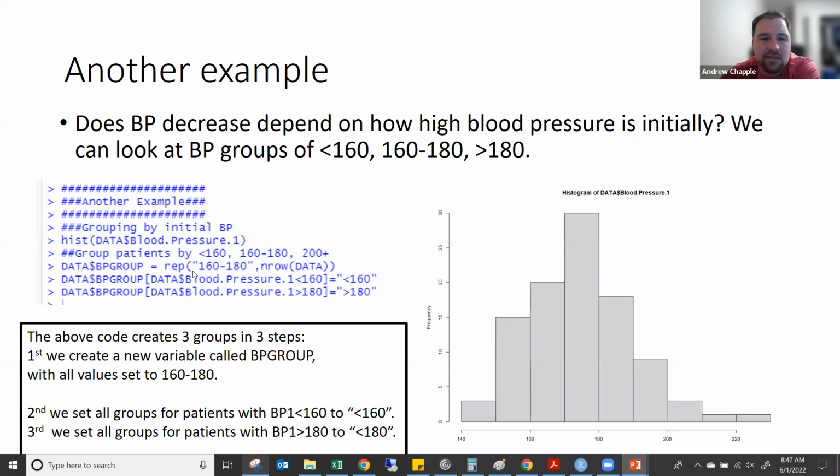So I'm just creating this variable here, a BP group variable. I'm saying, hey, I want to repeat 160 to 180 the number of times of the data. And then I'm going to say, hey, look, all the BP groups where I have a blood pressure 1 under 160, replace that value with under 160. And all BP groups with blood pressure over 180, replace that with over 180. So this is how you set those up.